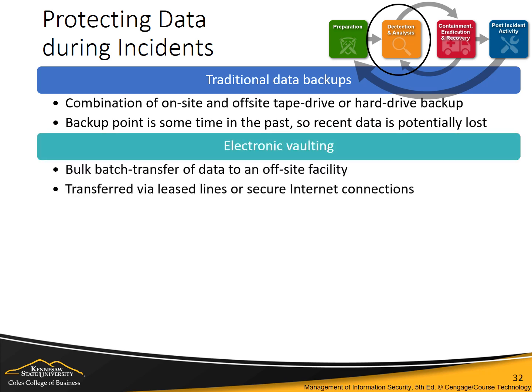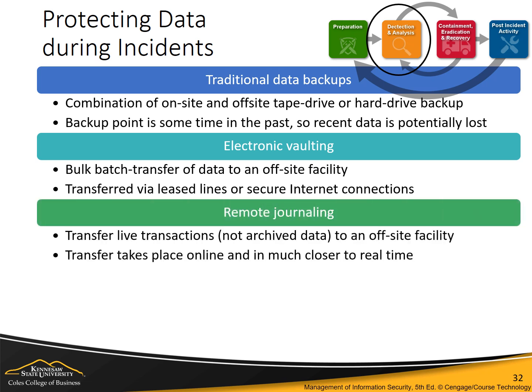Electronic vaulting. The organization employs bulk batch transfer of data to an off-site facility. Transfer is usually conducted via leased lines or secure internet connections. Remote journaling. The organization transfers live transactions to an off-site facility. With remote journaling, only transactions are transferred, not archived data, and the transfer takes place online and is much closer to real time.